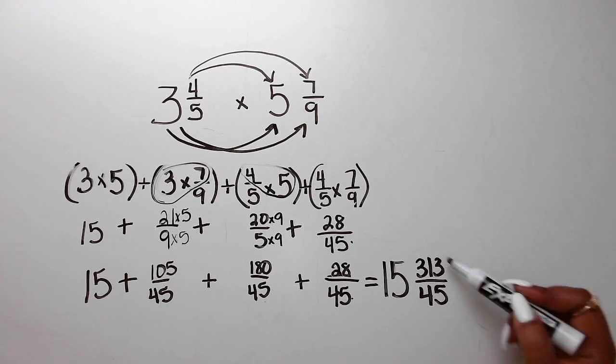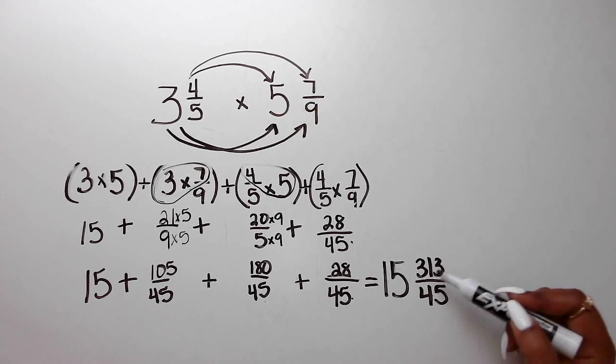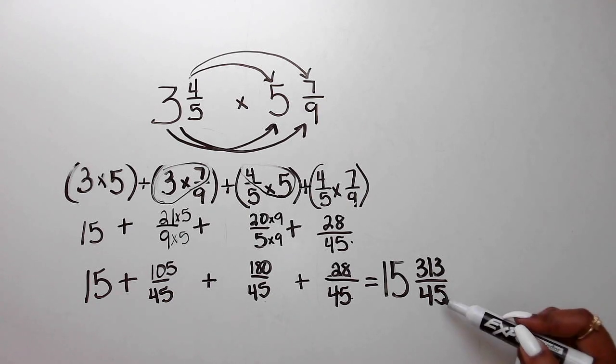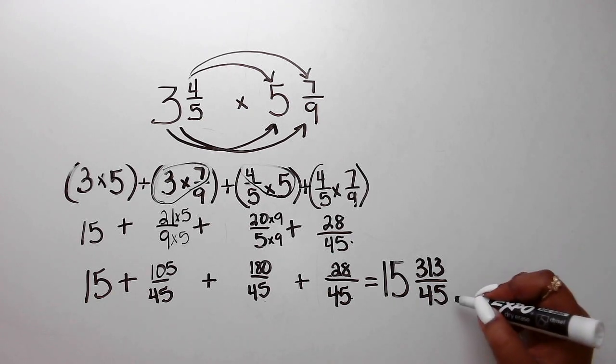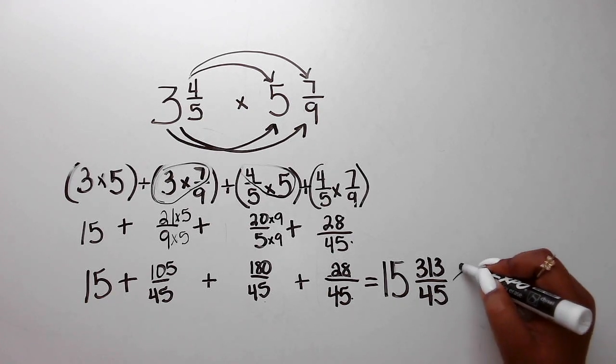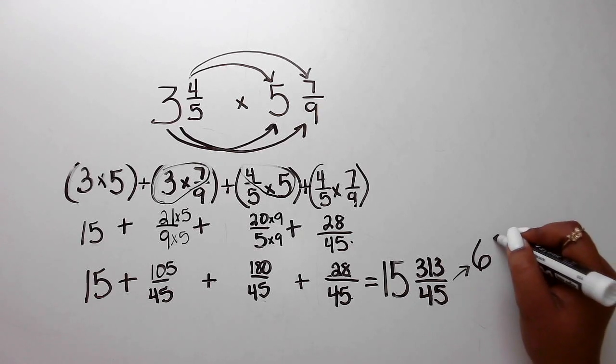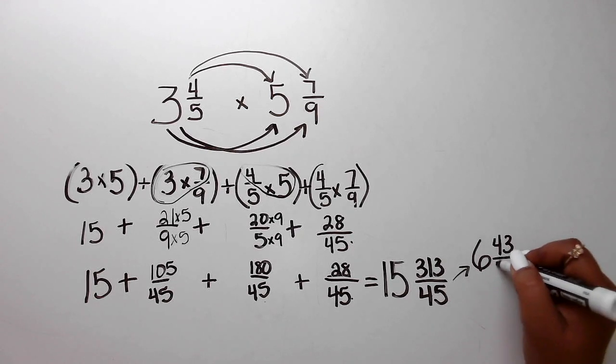So this is a fraction greater than 1, again also known as an improper fraction. So we're going to take 313 divided by 45. Let's do it here. This part turns into 6 and 43/45.